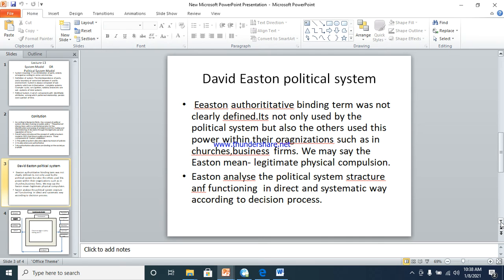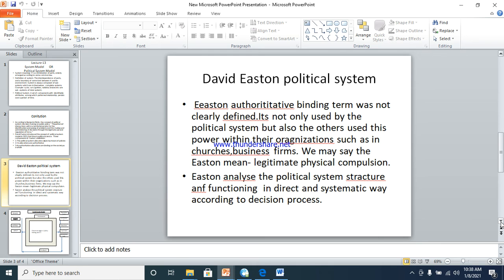This power is not only used by the political system, but also by different organizations which exist in the state or function independently within the limits of the state or under the control of government.